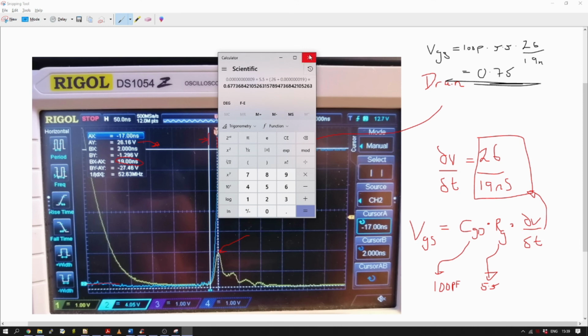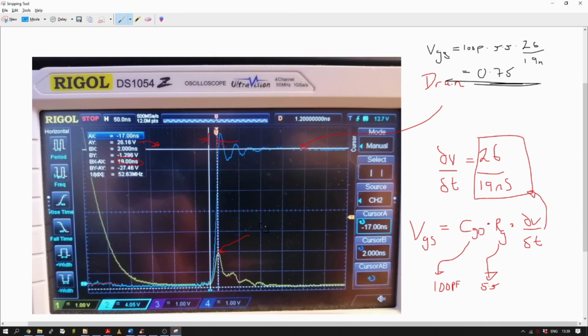Yeah, 0.6, so it's getting even lower. So what we're saying here is that it should be about 0.7 volts.